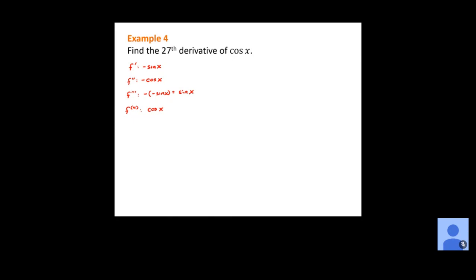At the third derivative, right? So think about it this way, this is going to be the fifth derivative. It's going to be the sixth, seventh, and eighth.